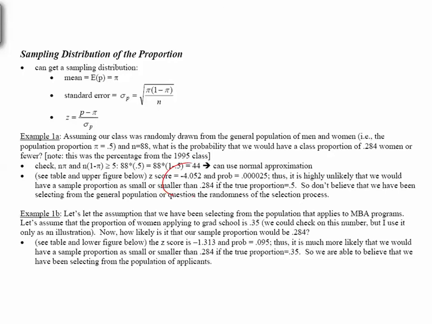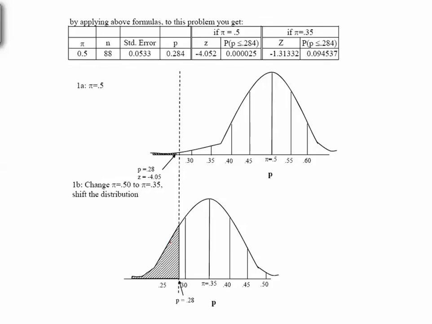And we found that the z-score was over 4 standard errors to the left of the mean. When we shift the population, so now we're drawing from a population that has an expected proportion of 35% females, in this case our z-score now drops to 1.3. And this figure kind of shows what we're seeing.